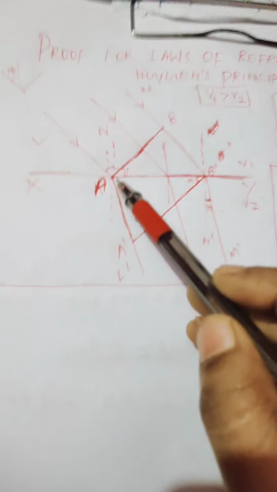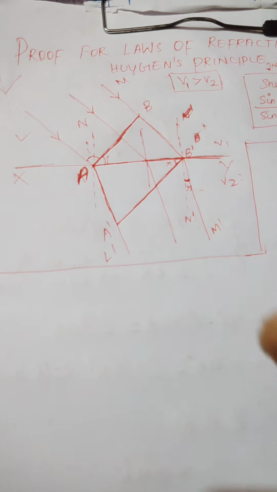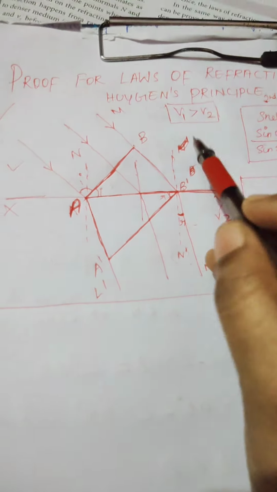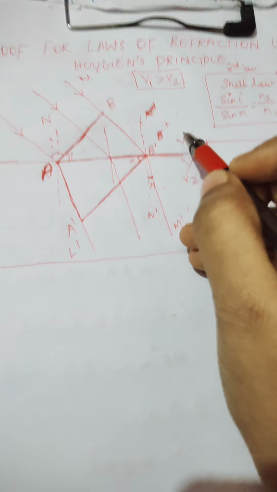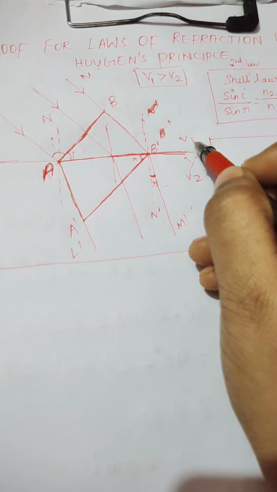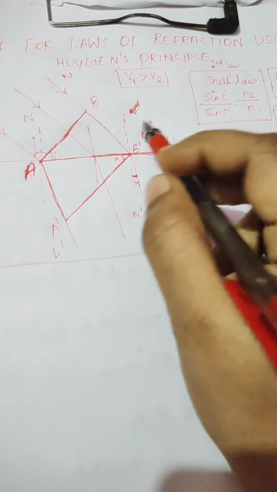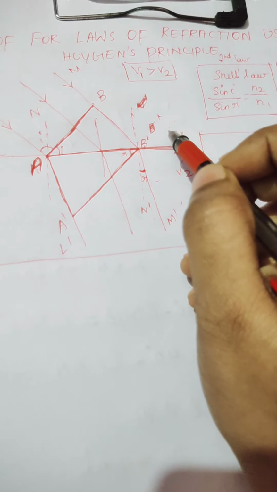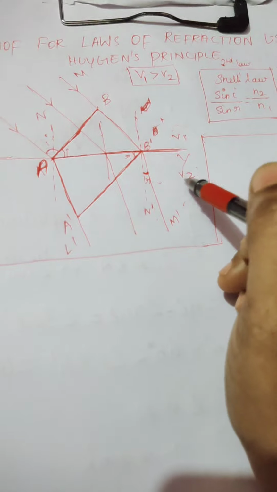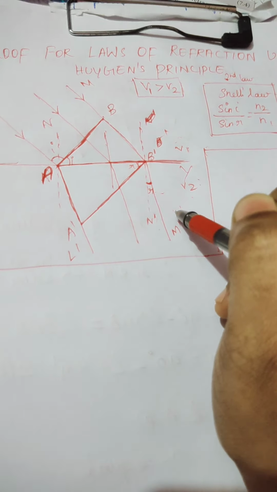Now one most important thing. This is medium 1 and this is medium 2, with velocity V1 and velocity V2. Here I will have the fastest velocity in medium 1 and less velocity in medium 2, because the second medium is denser and its density is high.